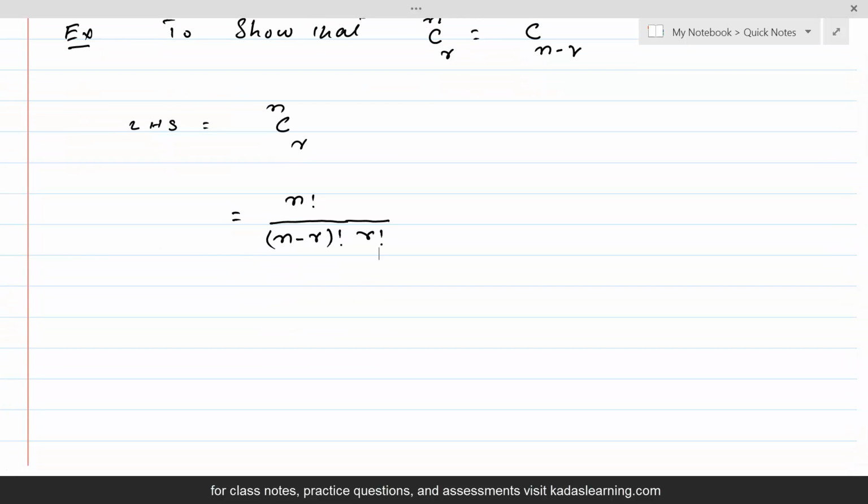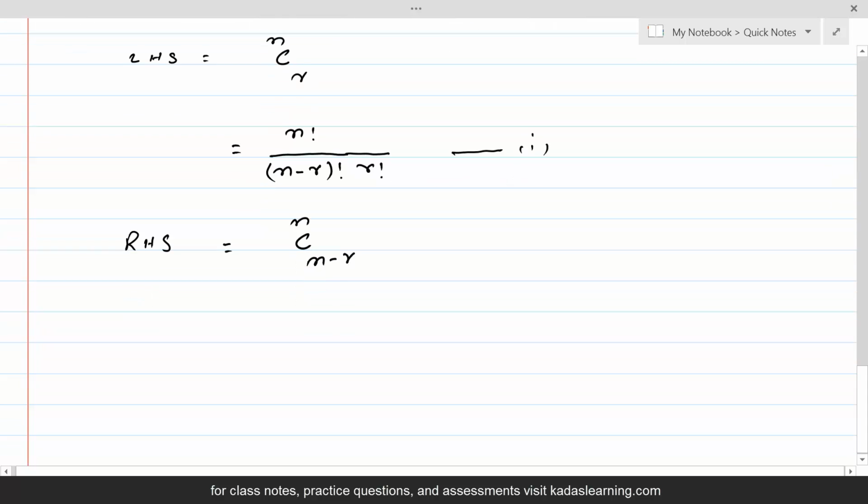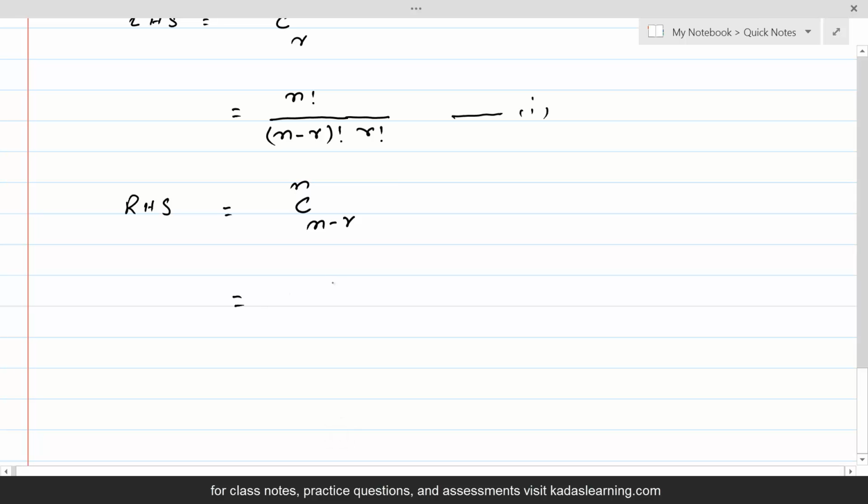We can write this as equation 1. Also the right hand side expansion is made, that is NC N minus R. If we expand this one, this will become N factorial over N minus R factorial times N minus N minus R factorial, according to the rule.